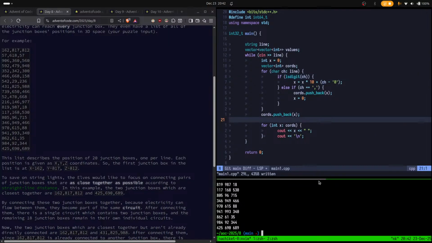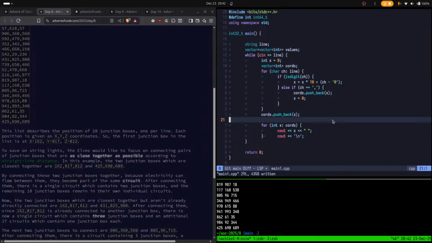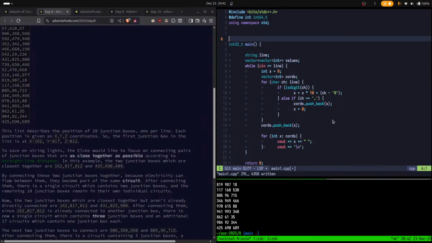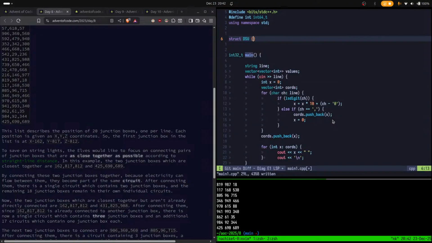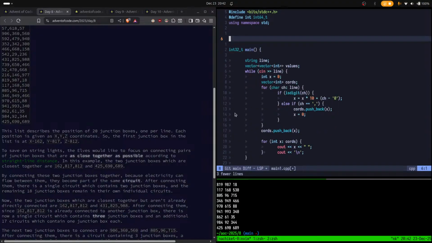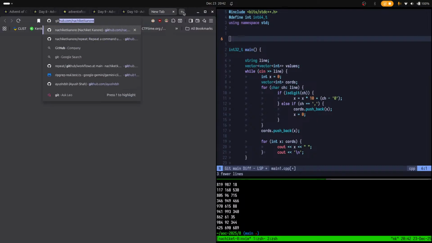Okay, the parsing looks correct. Now I'll write down the questions. I'll probably use a template snippet.